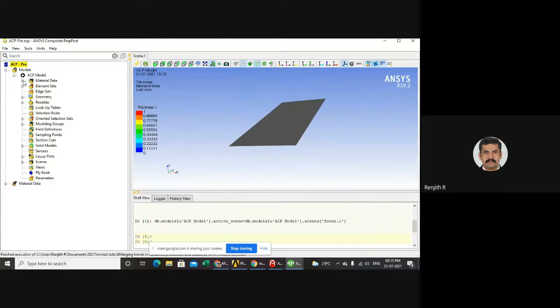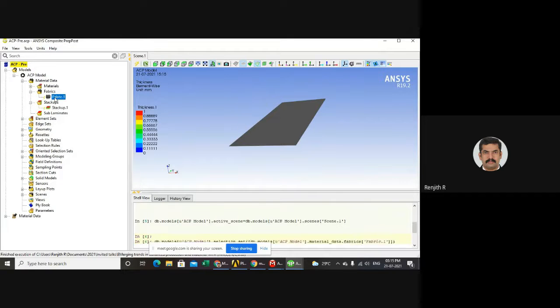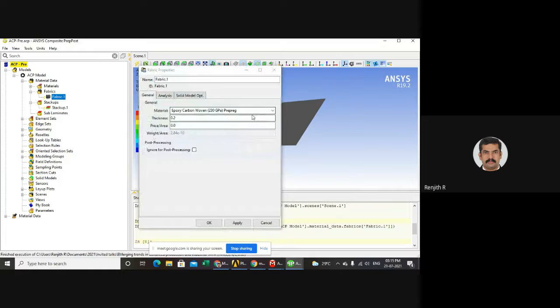And here you can create the fabrics and stack-ups. So here I created this fabric with the epoxy carbon woven material, and you can specify the thickness, and you can even specify the cost if you want to calculate the cost price of the composite. This is used in industry to calculate how much the price is.